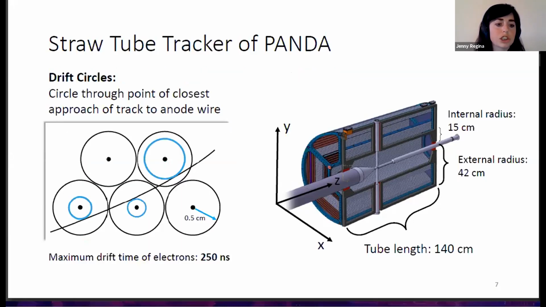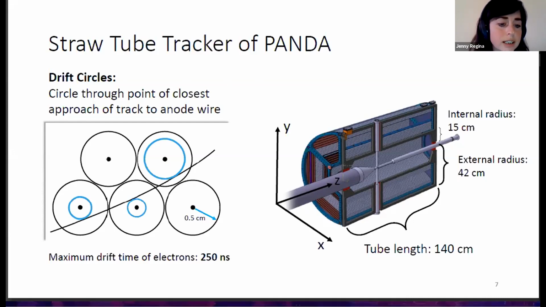What's also important for the track reconstruction in this detector is that we will use drift circles. This is the circle which has its center in the tube center, and the track goes through this circle. You get this from the minimum drift time of the electrons in the straw tube.